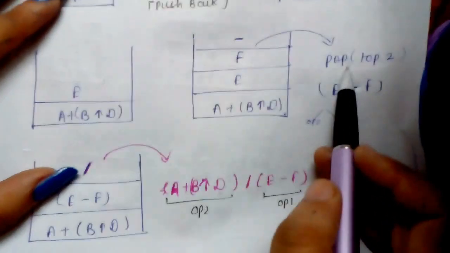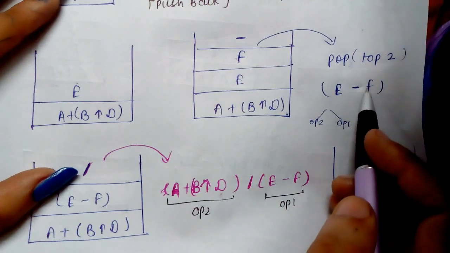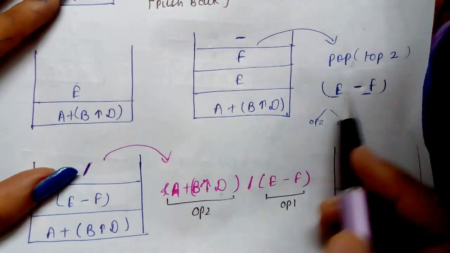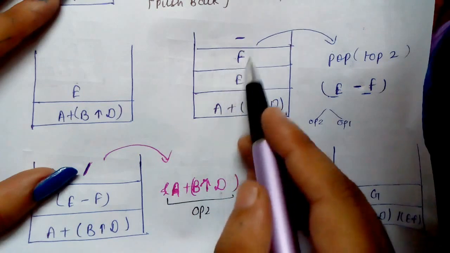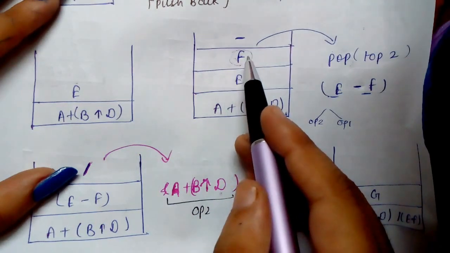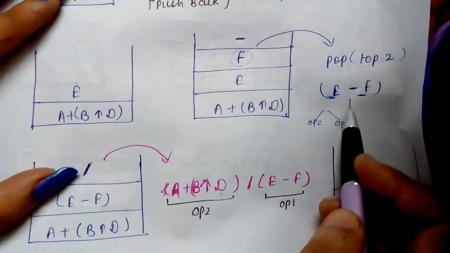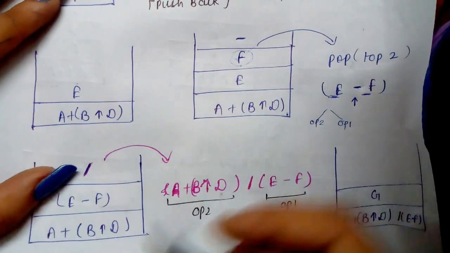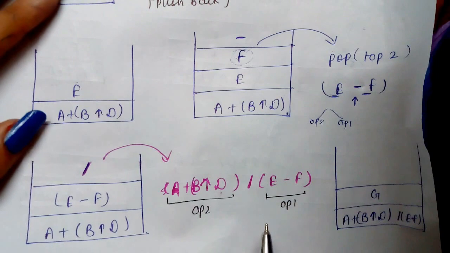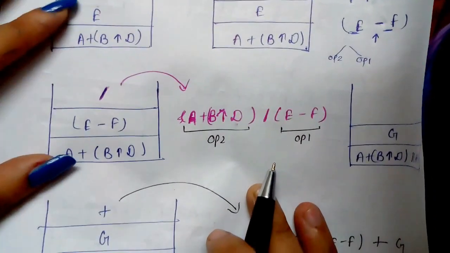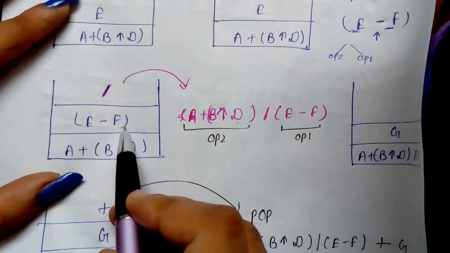Top of the stack is operand number 1, so operand number 1 is F and operand number 2 is E. We will place the minus sign in between and push it back onto the stack.